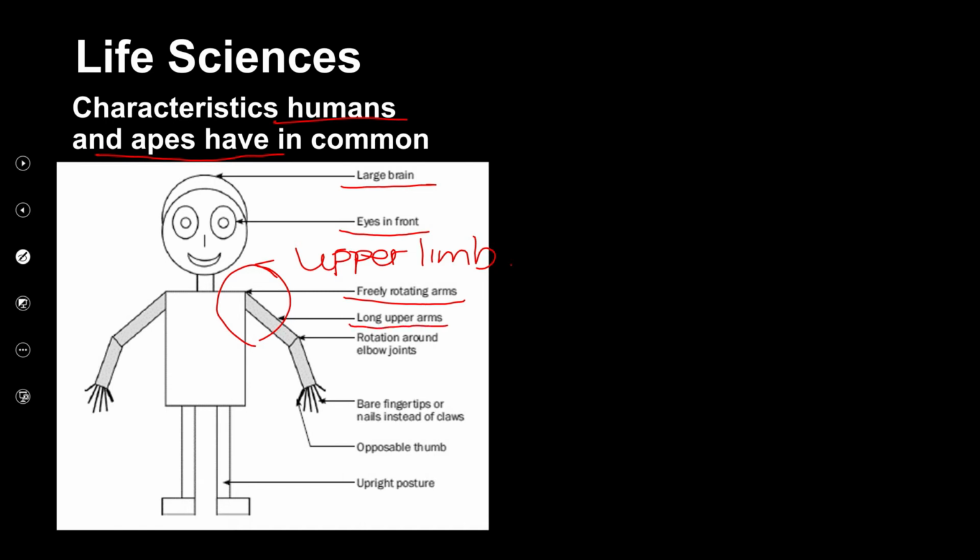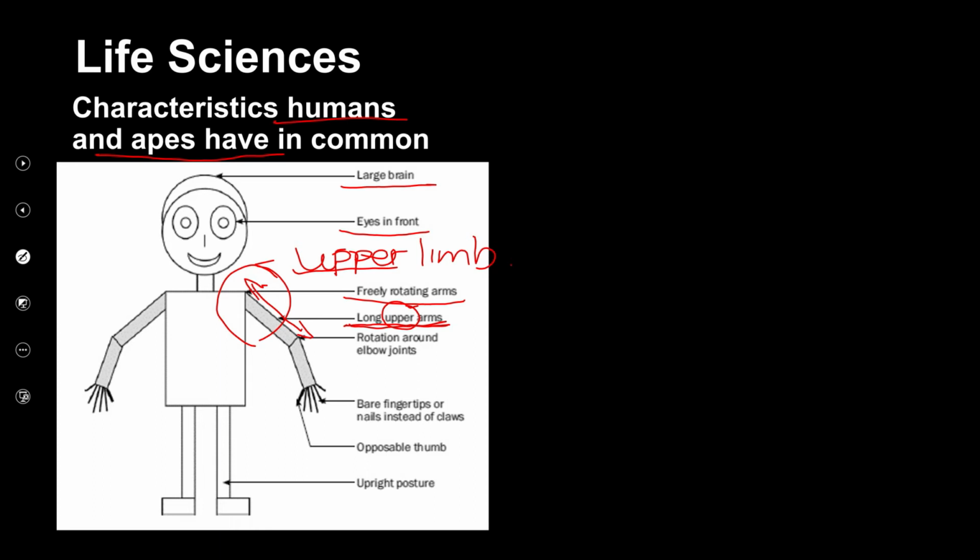All right, and then the second point that we have a look at, and here we need to be specific, because the whole arm, including the hand, is the upper limb. But we're looking at only part of the arm, the upper arm. So we need to distinguish between that. We have a long upper arm. So this segment of the upper limb is long.